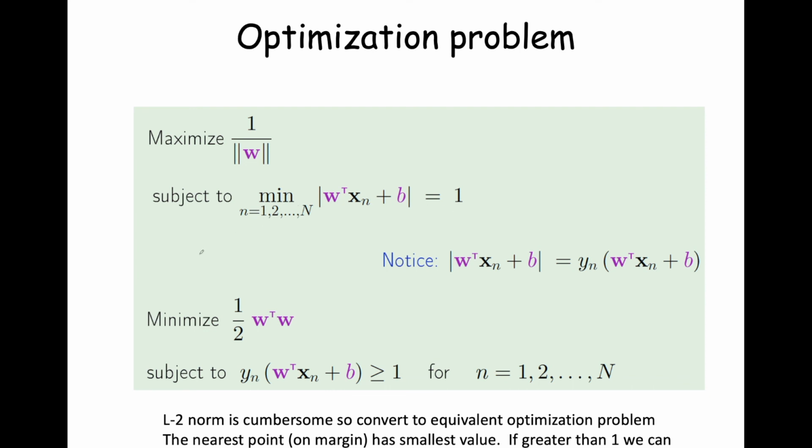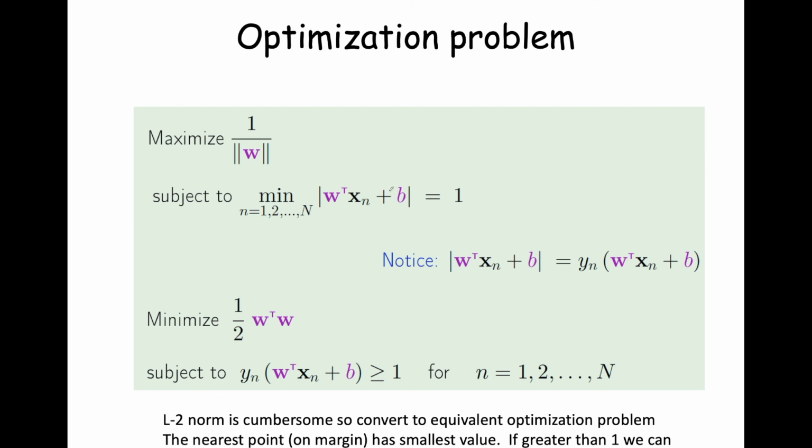Okay? So one observation to make is that when we have this constraint, it's a minimization, okay, but we have equals to 1. It's a little bit messy to implement this constraint. But one observation that we'll make is that when we have this magnitude of W transpose xn, off-plane point, plus b is equal to 1, that's the same as saying, okay, well, if you're off plane, your label is either plus 1 or minus 1, right?